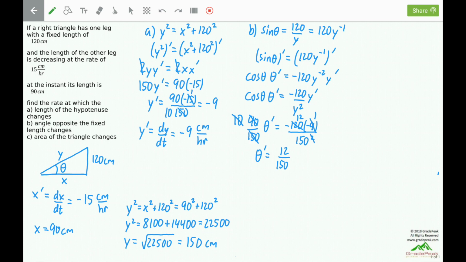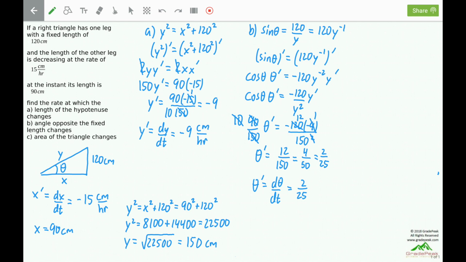This can reduce a little bit further because each of those is divisible by a 3 at the very least, so that will divide to be a 4 over a 50, and each of those is divisible by a 2, so that will reduce down to a 2 over a 25. It doesn't reduce any further, so therefore our theta prime, or d theta dt, is 2 over 25.